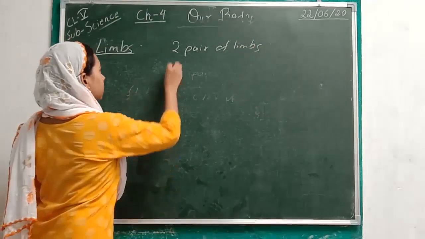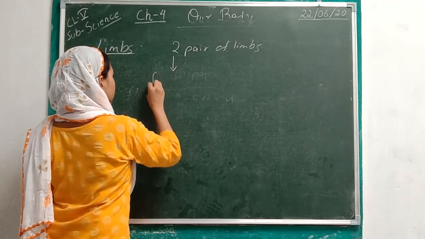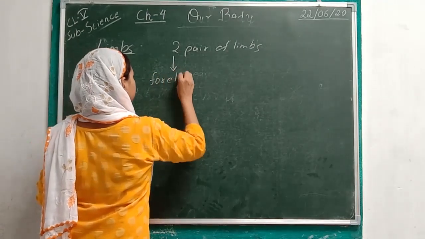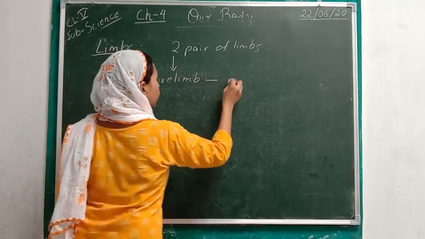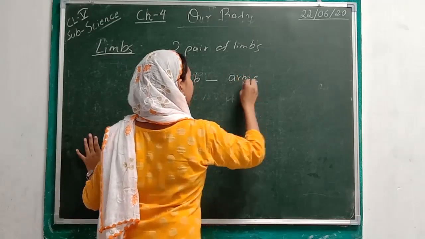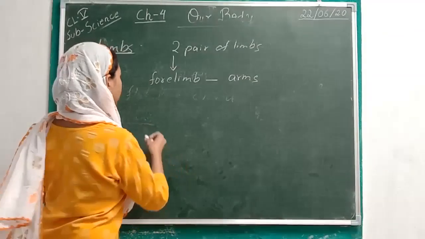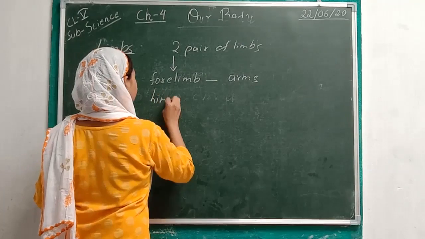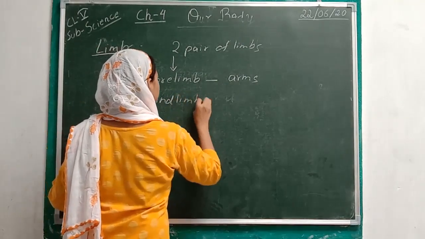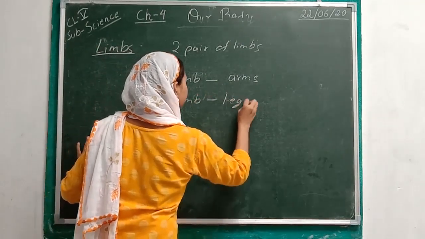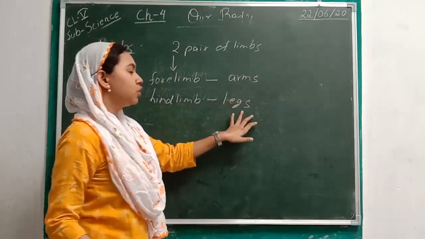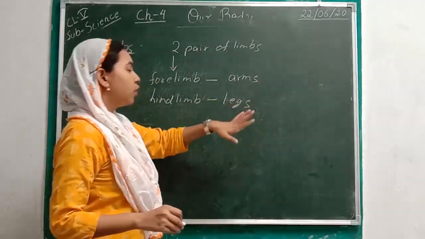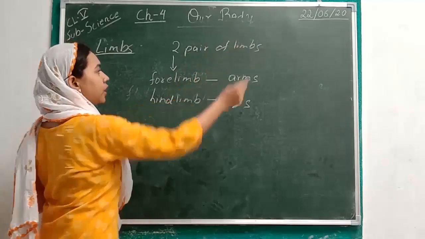One pair of limbs is known as the forelimb, your arms or your hands. And we have the hind limb, that means your legs. So you have two arms and two legs, a total of four limbs or two pairs of limbs.